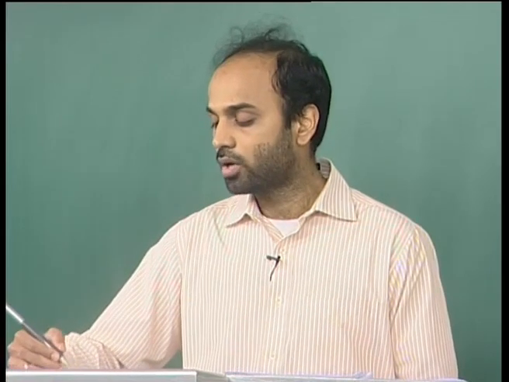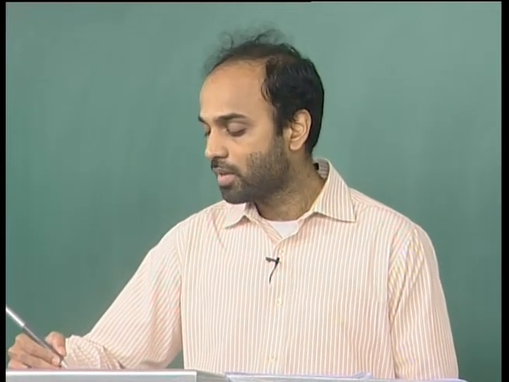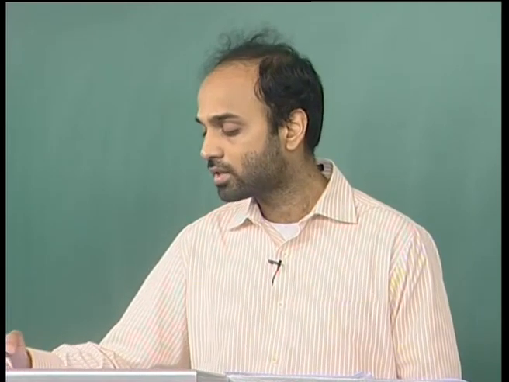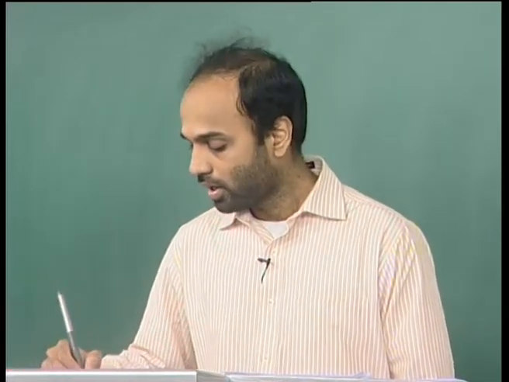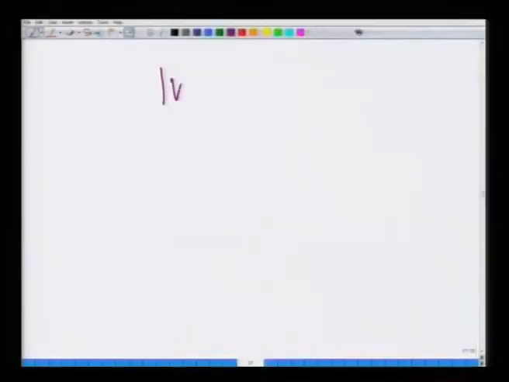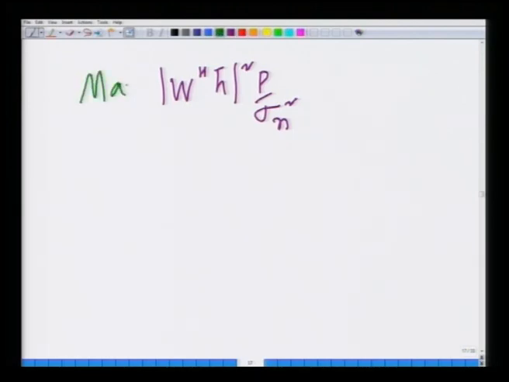Now, my problem is simplified: I want to maximize magnitude W bar Hermitian H bar square into P over sigma n square, such that magnitude W bar equals 1. You will recognize this as the dot product of two vectors.